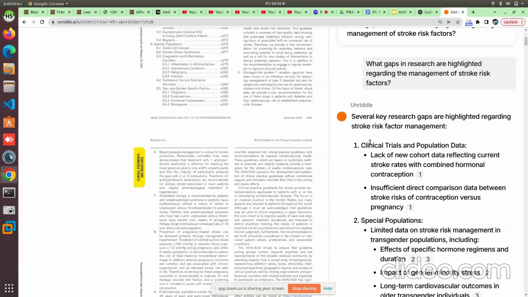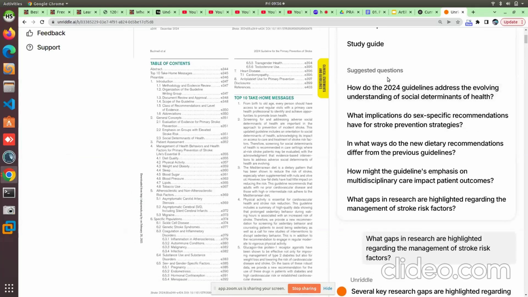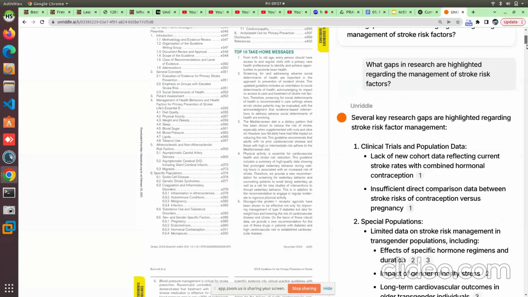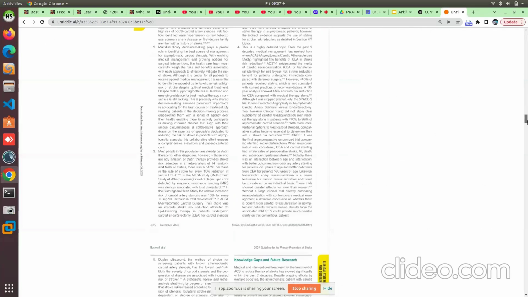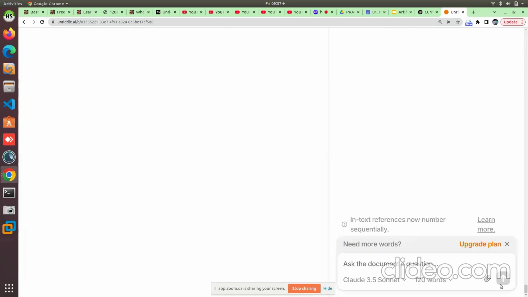I've asked this some questions already anyway, but it will even suggest to you questions from the paper, like what implications do sex-specific recommendations have for stroke prevention? The document is a long document, this is 88 pages, so I have to scroll down here. Once you scroll down to the end, there's the Unriddle AI chat box.